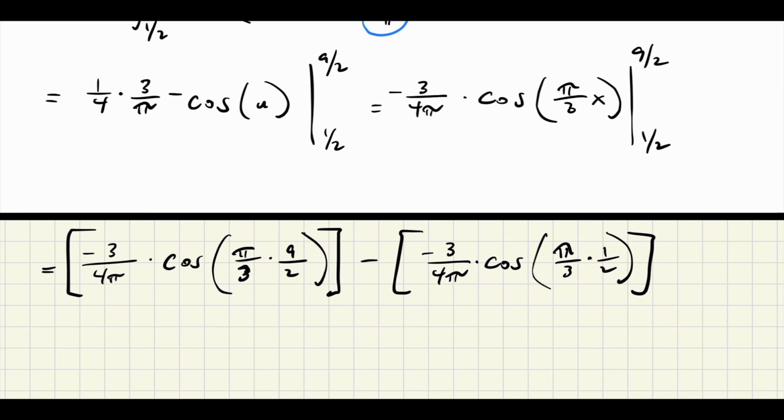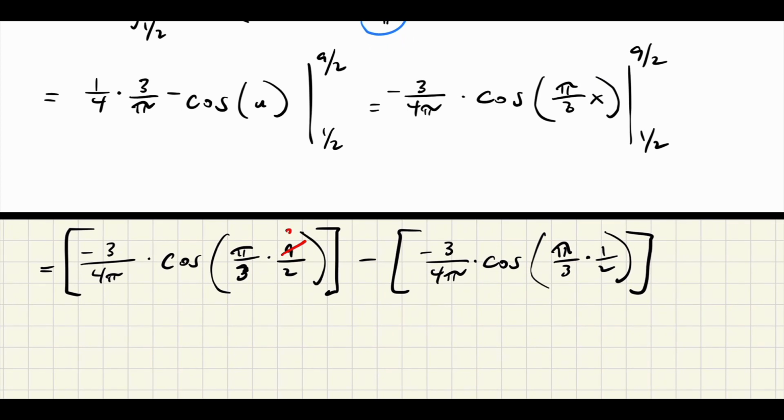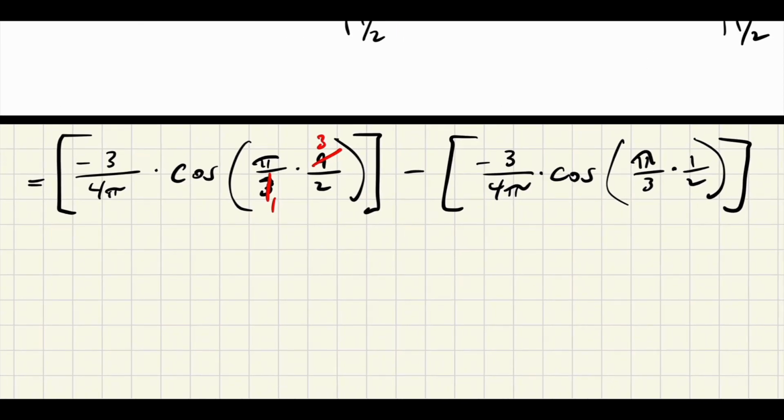Okay. I can reduce this guy. This guy can be divided by 3, so can this guy. So now I have to figure out, this guy is 3 pi over 2.